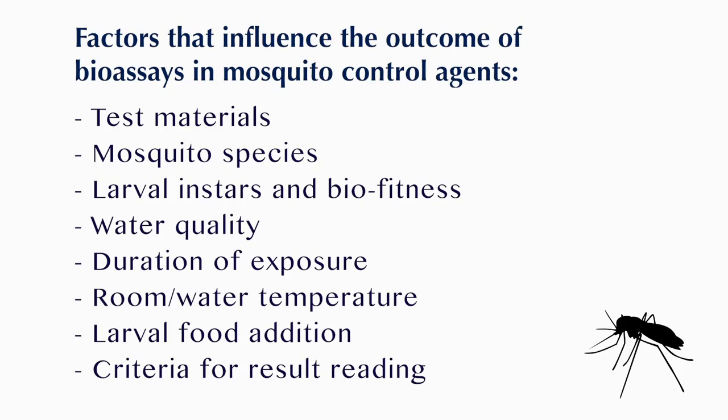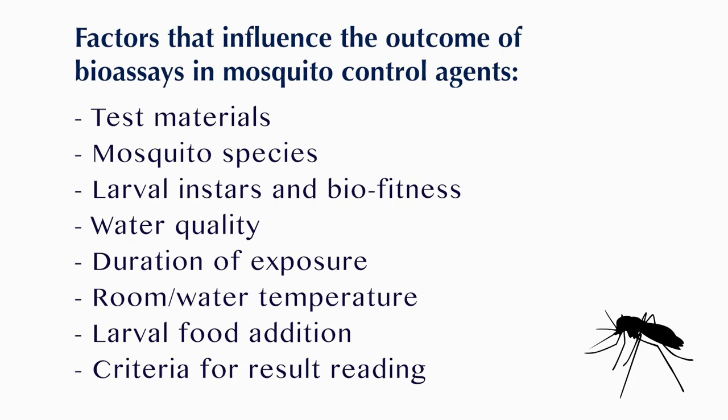Age of the larvae and effects of husbandry practices on the quality of larval mosquitoes are also important. Water quality, the amount of organic matter in the water in a field site, can influence the efficacy of some control agents.